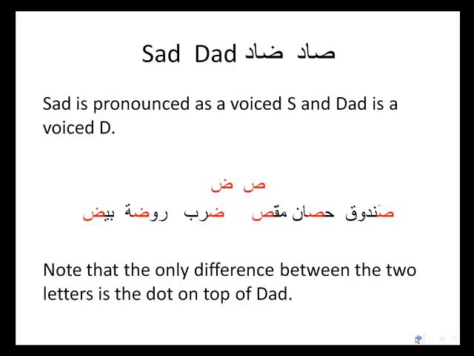Sad is pronounced as a heavier S, and Dad is a voiced or heavier version of Dal that we learned last week. There are no good equivalents of these two letters, or sounds I should say, in English or in Swedish, so you just have to practice and listen to the difference between sin on one hand and sad on the other hand.